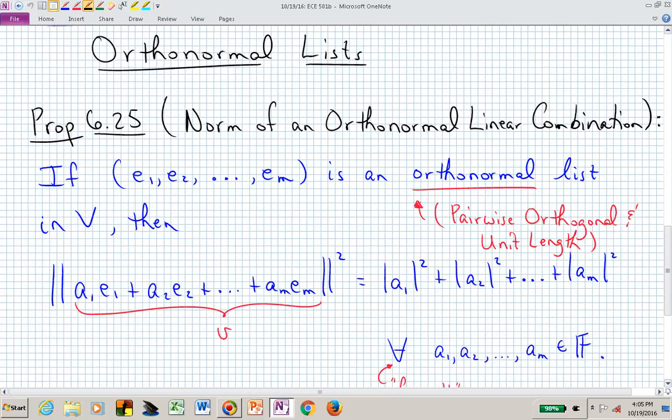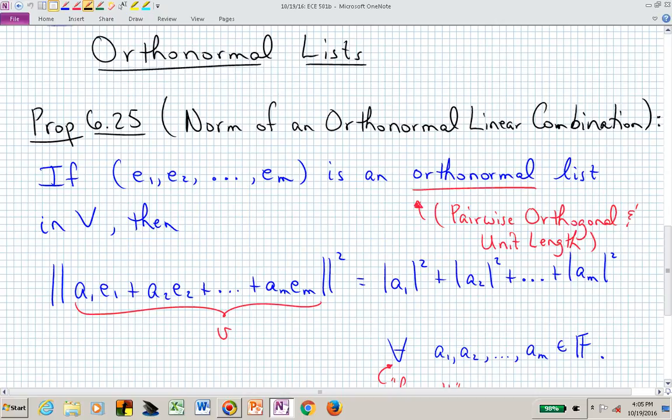And now we want to know, if you give me a vector that's made up of a linear combination of orthonormal vectors, how do I find that norm? And this proposition states that. We'll start with this orthonormal list, which means they're pairwise orthogonal and they have unit length, each of these vectors. And if we create a vector v as a linear combination of those vectors from the orthonormal list, then we're using the property that those vectors have a norm of 1.